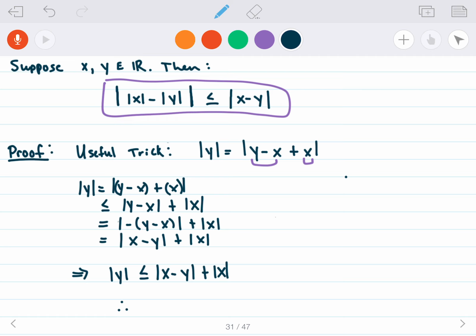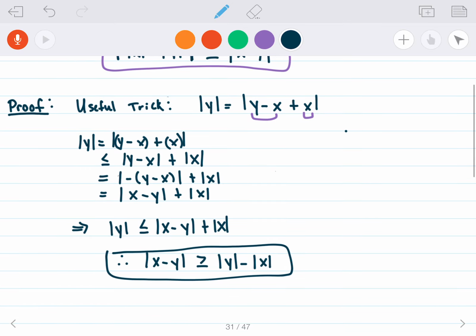And so if we just do the subtraction, we have the absolute value of x minus y is greater than or equal to abs y minus abs x. Okay, so we'll keep this in mind.